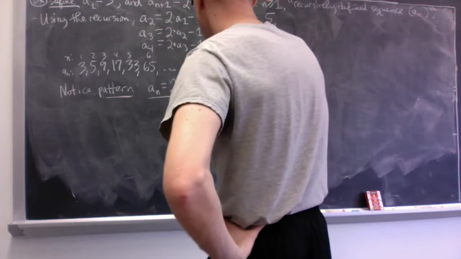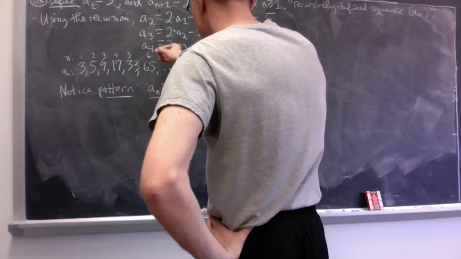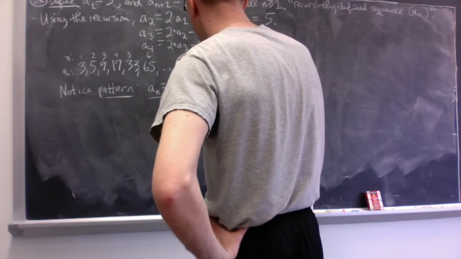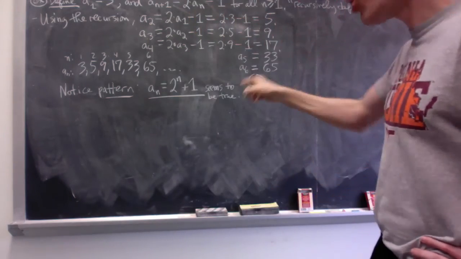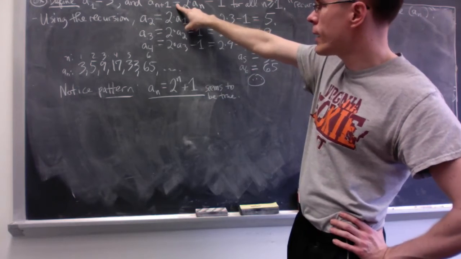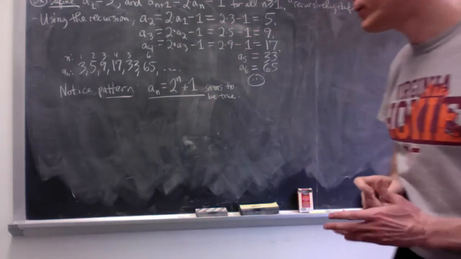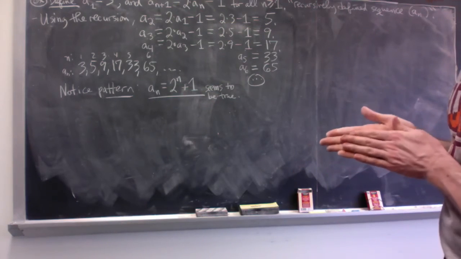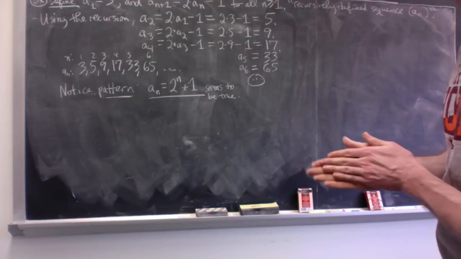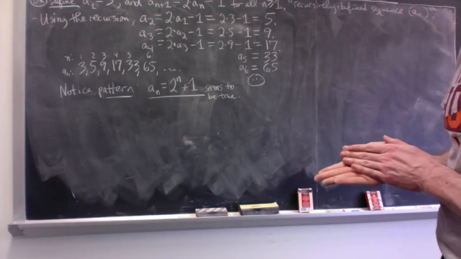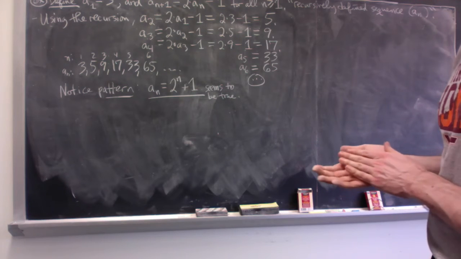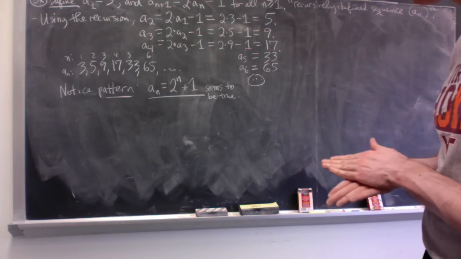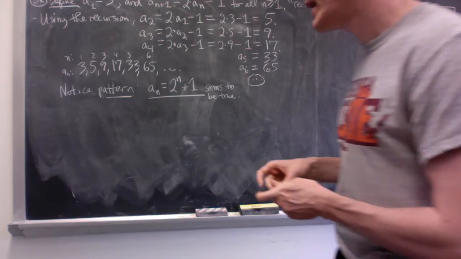It seems to be true. And it is true for these, but how do I know it's always true? The thing that's always true by definition is this. And this is the thing that we have noticed, which we could now try to prove. All right? And so this is a very typical way of using induction where you have some pattern that emerges from the first few values of n, and then you want to prove it.